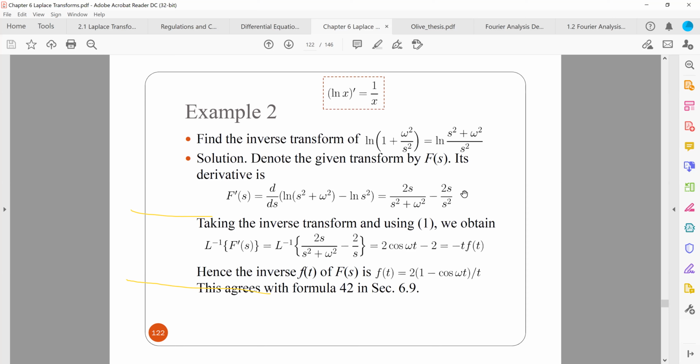And then you need to take the inverse transform for this, because these are familiar. We know that this is the transform for a cosine, and this is the transform for t.